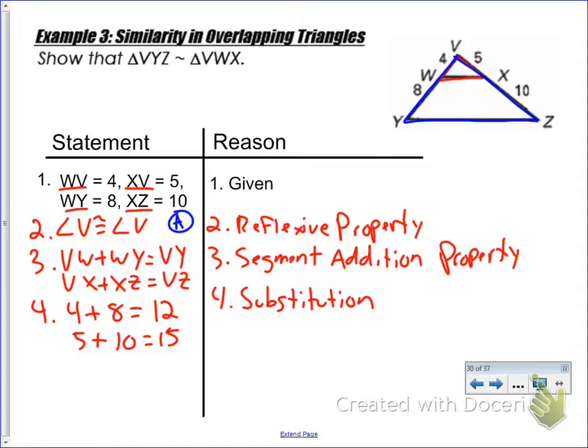The next step is to set up my ratios. We want to show proportionality. So I want to show that VW over VY is going to be the same as the other side. VW, we were given, is 4 over VY, which we just found out to be 12, which reduces to 1 to 3. So there's a ratio.